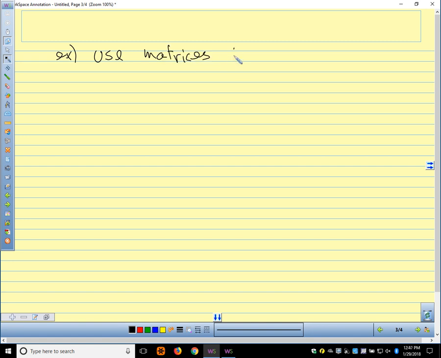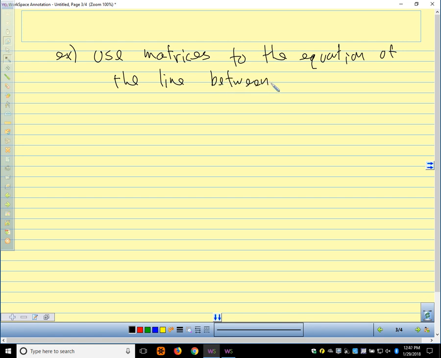So we want to use matrices to find the equation of the line between (5, 2) and (-1, 0).